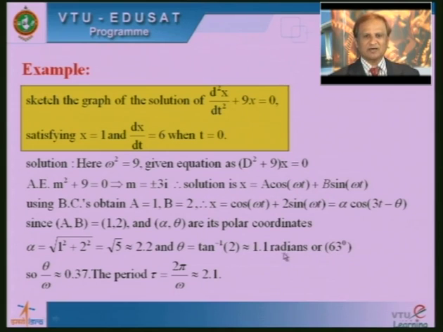It means the mass will shift 63 degrees, or 1.1 radians, or this is the value of phase shifting, right. So, theta by omega is approximately equal to 0.37, right, and you can calculate the period, which is equal to 2 pi by omega, right. So, you can substitute the value of pi and we know the value of omega and we have to simplify, right. So, you will get approximately 2.1, right.